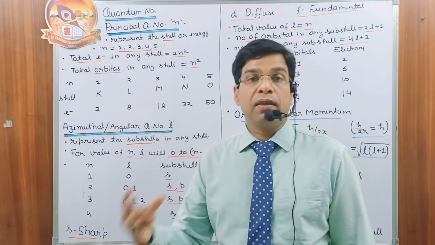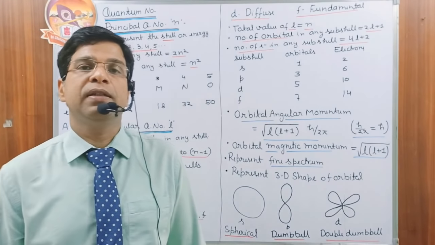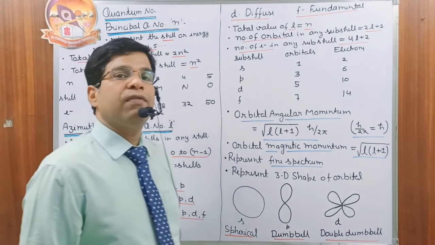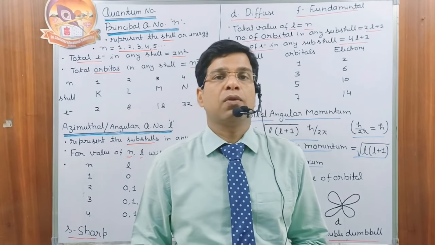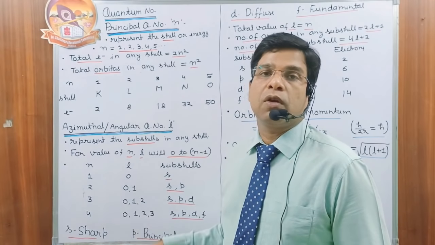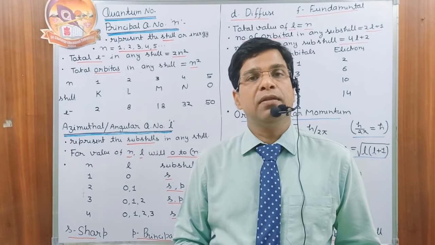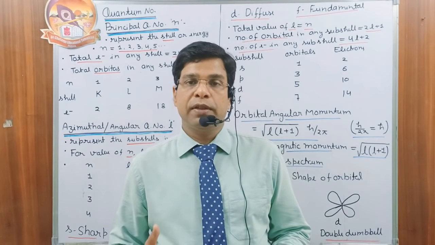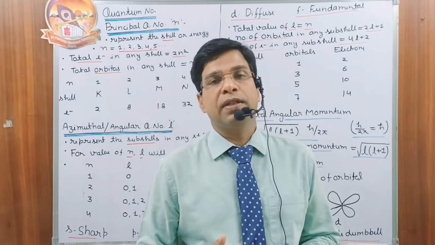Then if n is 4, the values of l are 0, 1, 2, 3. l equal to 0 represents s, 1 represents p, 2 represents d, and l equal to 3 represents the f subshell.